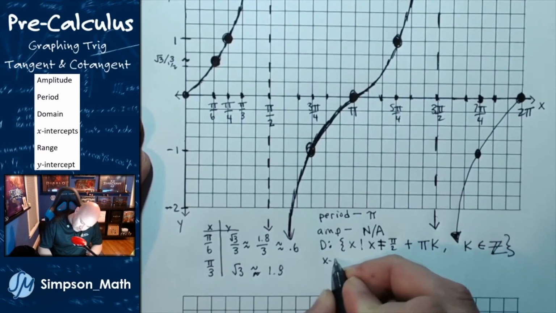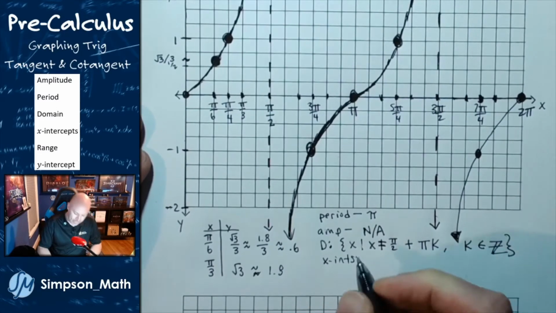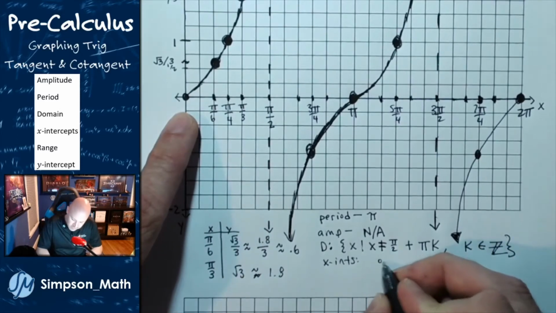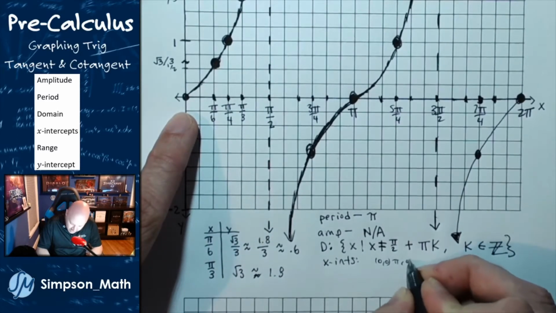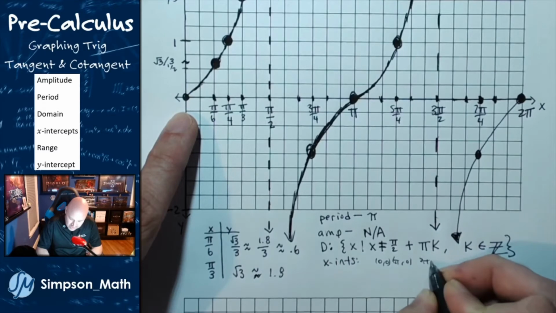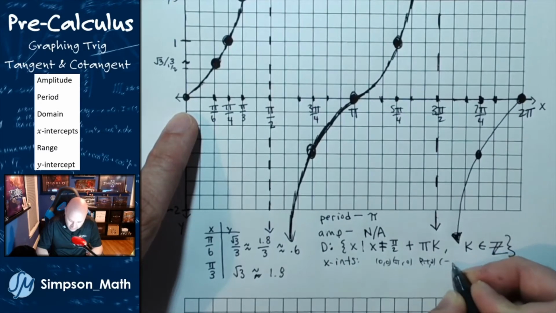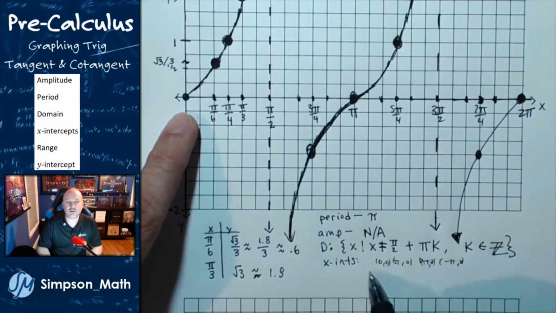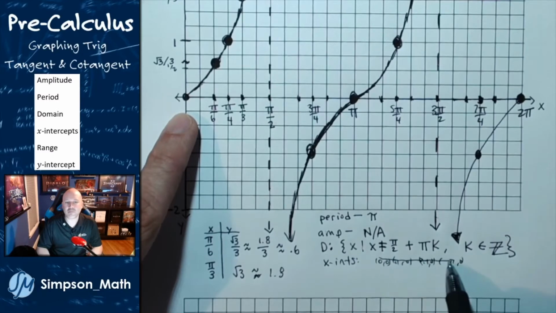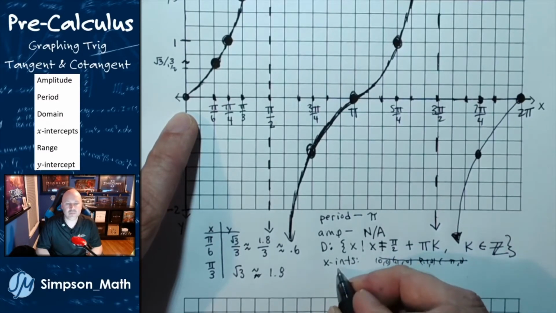X-intercepts. Well, I would say 0, 0, pi, 0, 2 pi, 0. Oh no, this is going to go on forever. Negative pi, 0. No, this is no good. I'm going to come up with a cleverer way to say this.